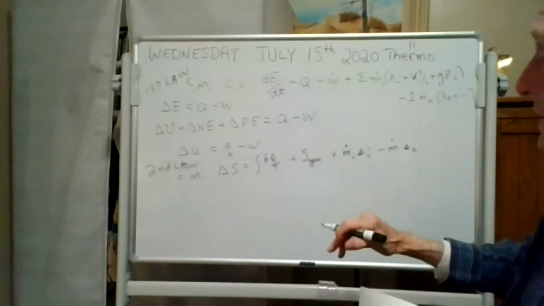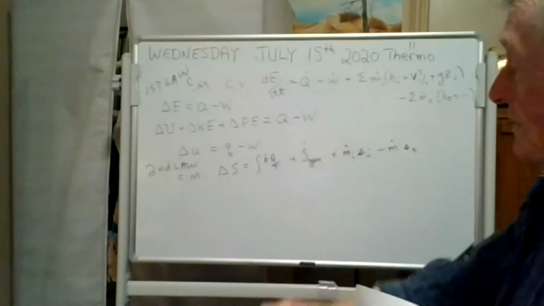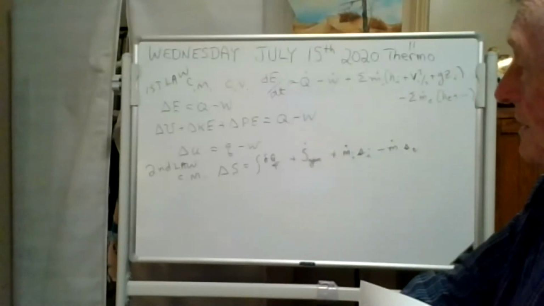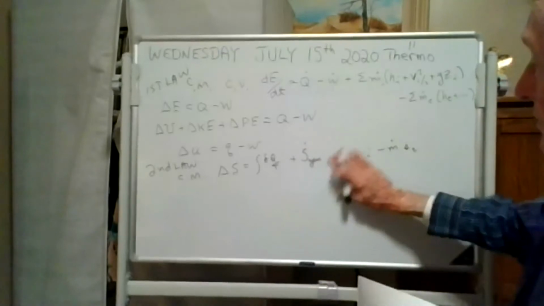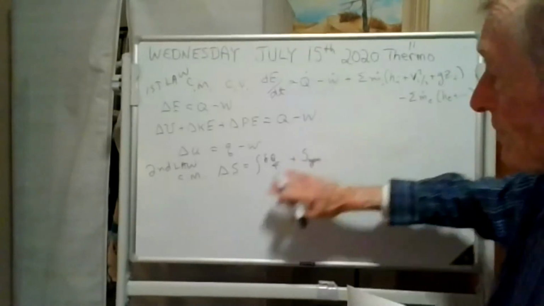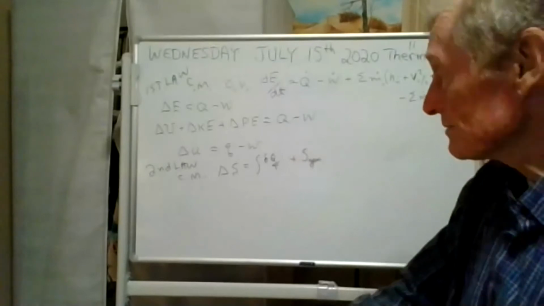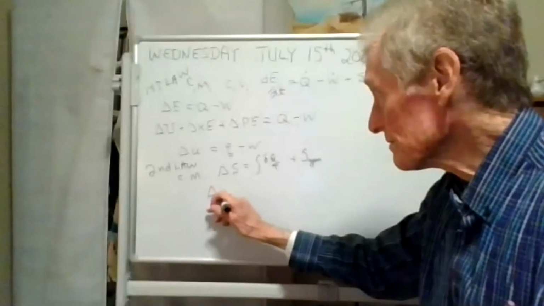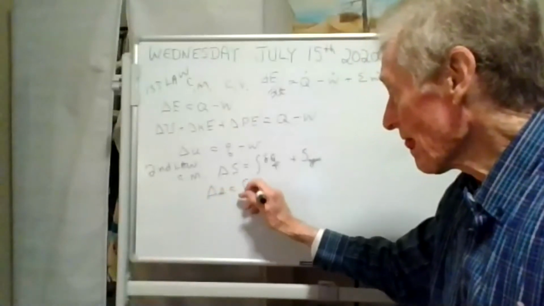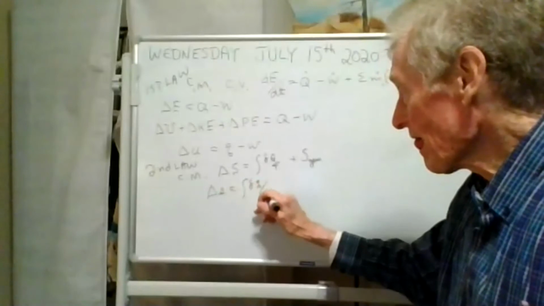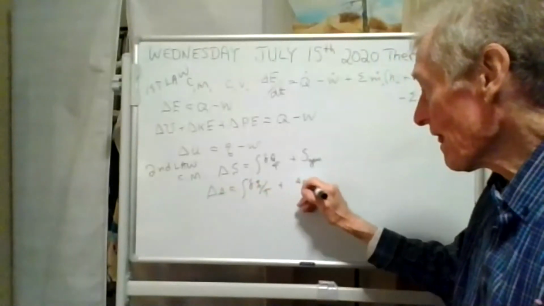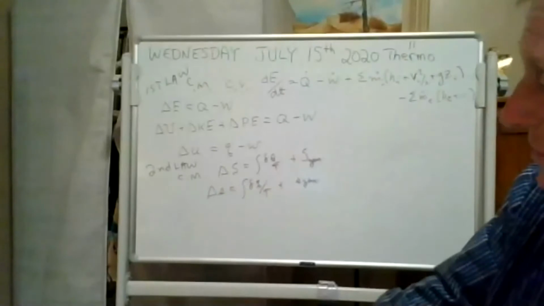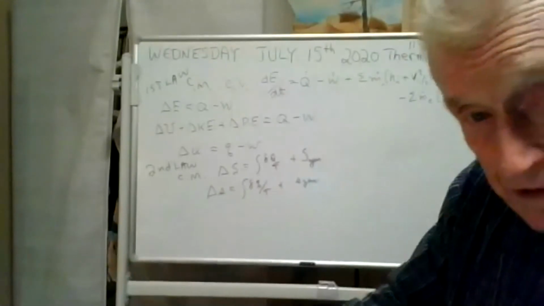But I think that's right. Now wait a minute. No, no. There. Now that's right. Now in little letters, it goes like this. There's your second law for control mass.